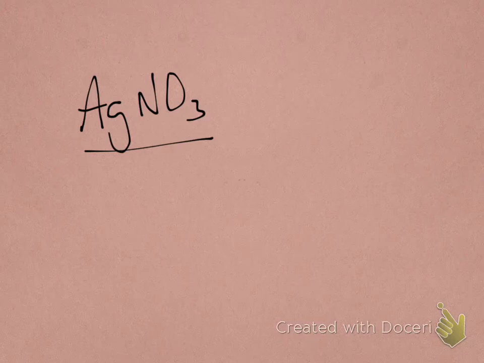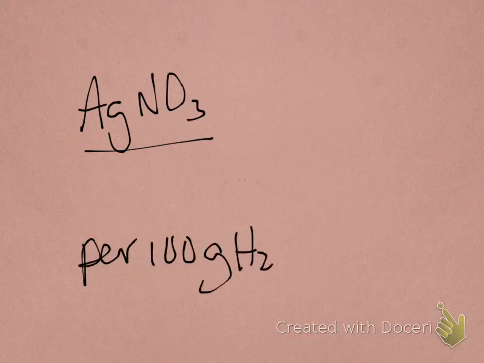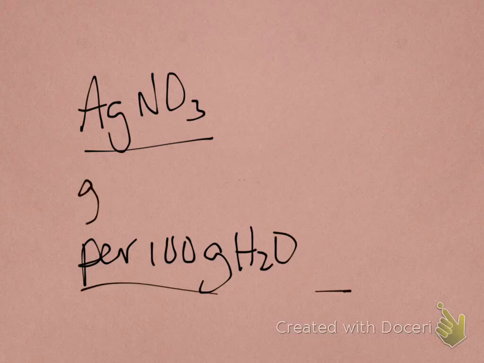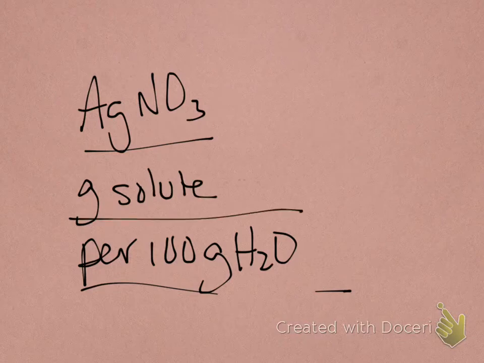If I have, well, first of all, let's establish a few things about this table. Just like the table in your book, this table is per 100 grams of water. Okay? So this is given in grams of solute per 100 grams of water. How many grams of solute can we expect to dissolve in 100 grams of water?